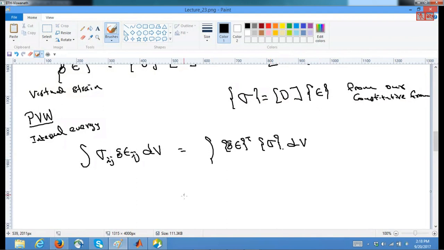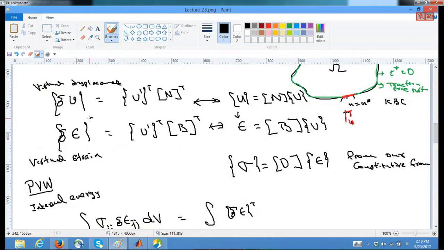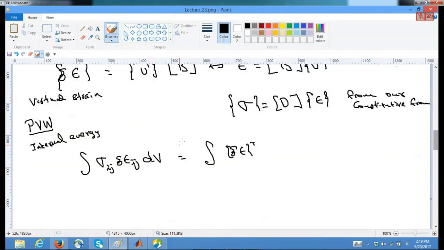dV, which you can write as the transpose of it times sigma dV.